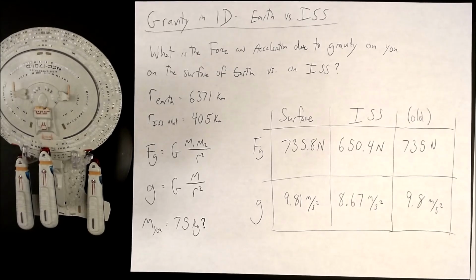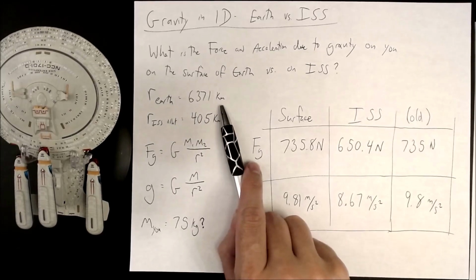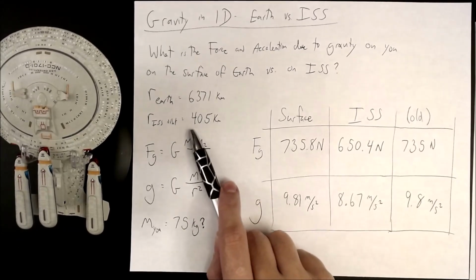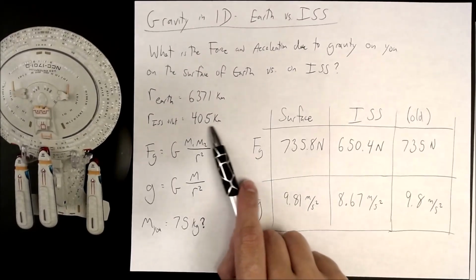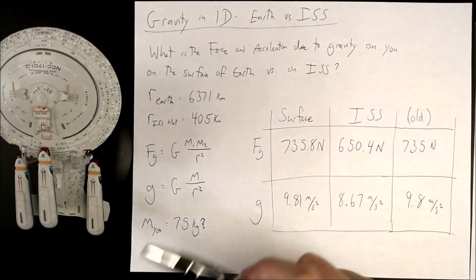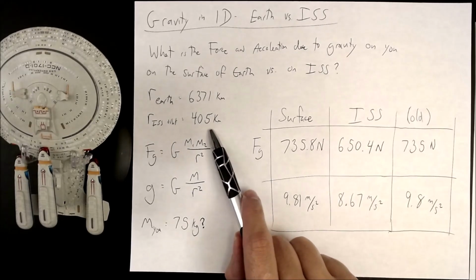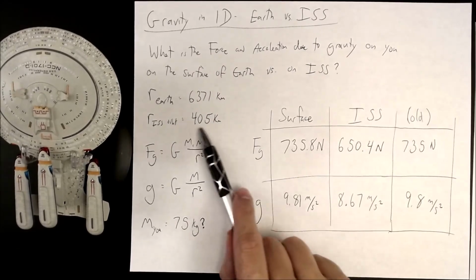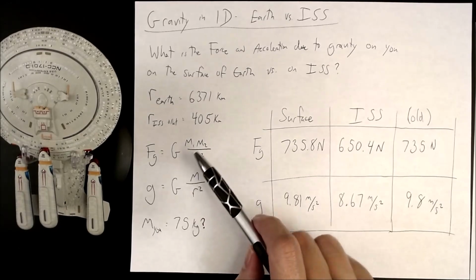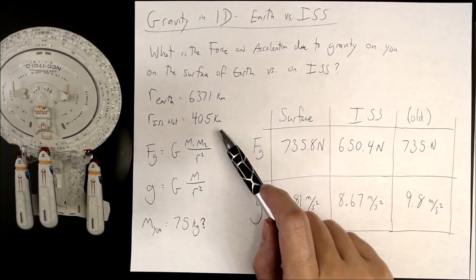I'm going to guess no, because that would put it extremely deep underground. If that's the radius of the surface of the Earth, we do not expect the space station to be orbiting around inside the Earth. However, the height of the orbit of the International Space Station is always quoted as 405 kilometers, give or take, because that's how high up it is.